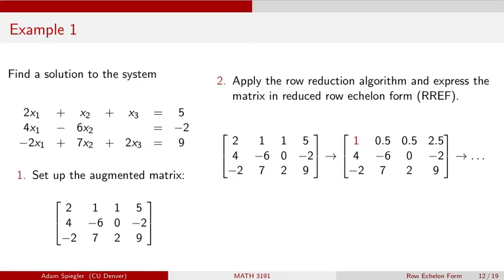So I could, for example, start this process by taking this top row, and since I know eventually that I want that pivot to be 1, I can scale this by 1/2. And I'll pick up this process on the next slide, but I think it would be good for you to give this a shot on your own and then compare with the results that I get on the next slide.